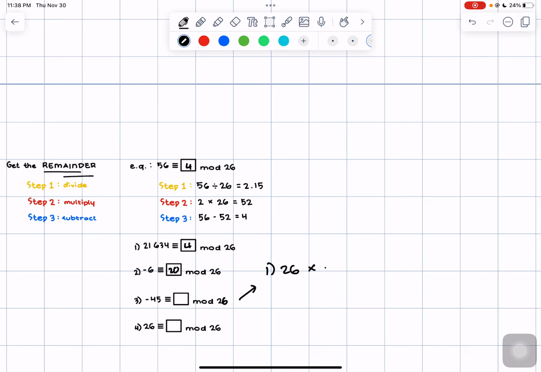So let's try. 26 times 2 is 52. Now 52 is greater than 45, right? So that's feasible now. Now we will subtract 52 minus 45, that's 7. And the answer is 7.